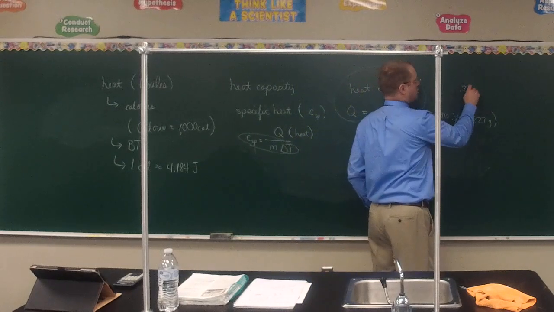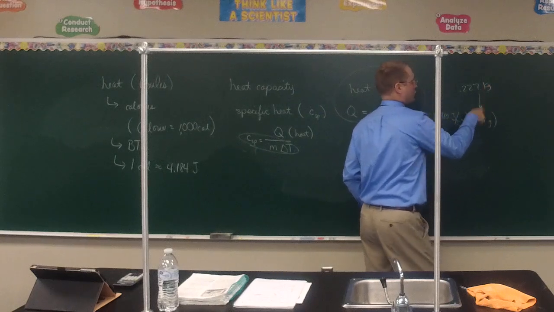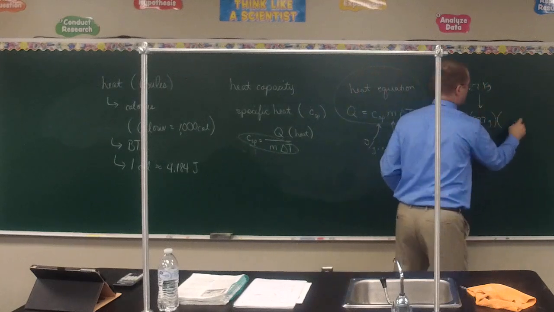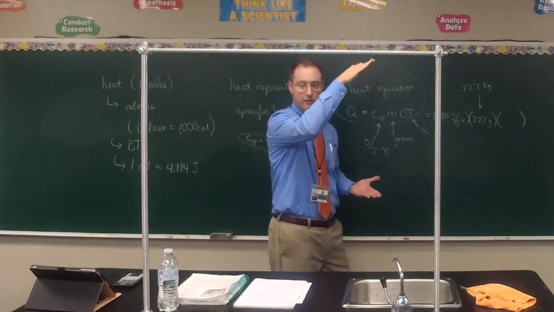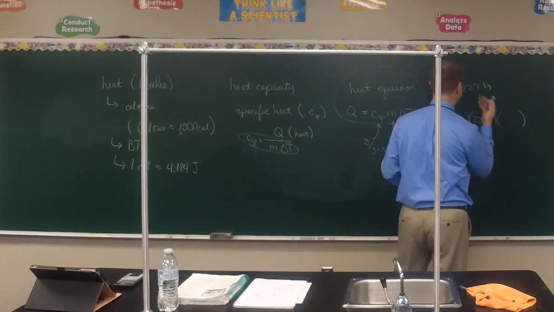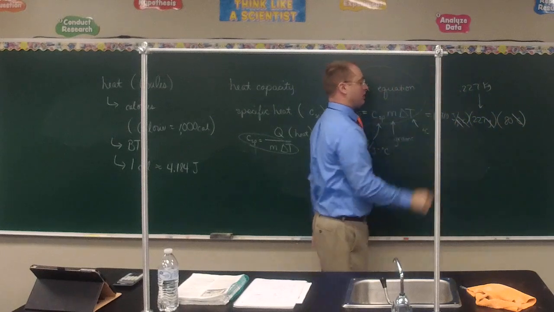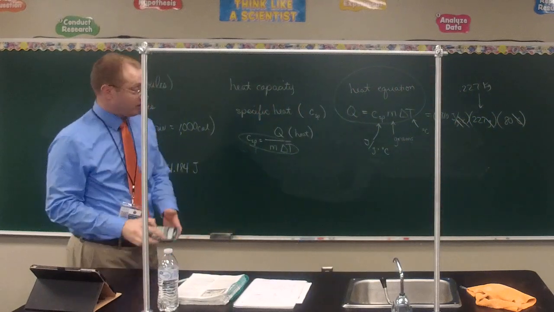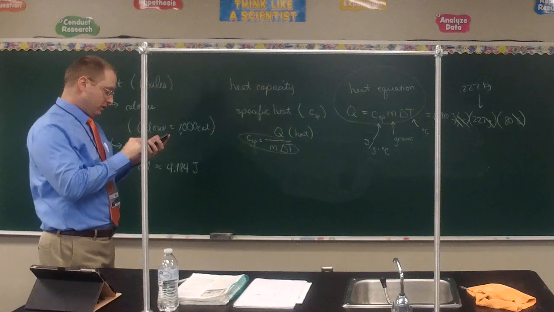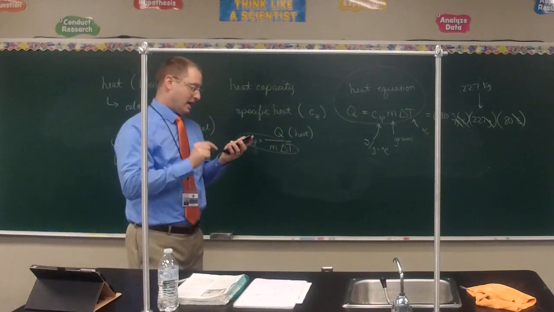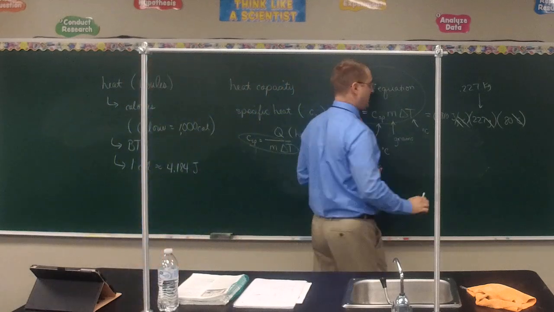So if they said 0.227 kilograms, I would have gone to 227 grams. And then the change in temperature, 25 degrees up to 105 degrees, is 80 degrees Celsius. Again, degrees Celsius and grams cancel with the pers. You multiply it out, 0.910 times 227 times 80, and how many joules of heat will be needed?